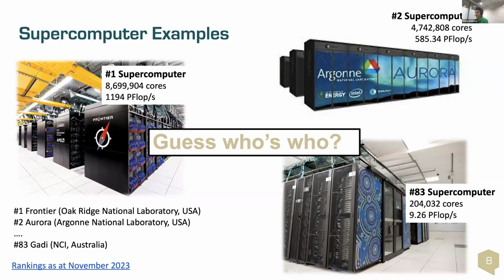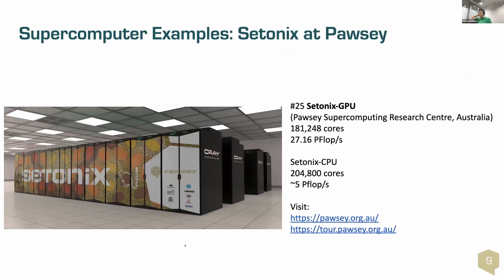So Gadi went down to number 83, and Setonix also went down in this new list. Setonix debuted as number 15 for its GPU partition last year, but this year it went down to number 25. So a lot of new supercomputers are coming.